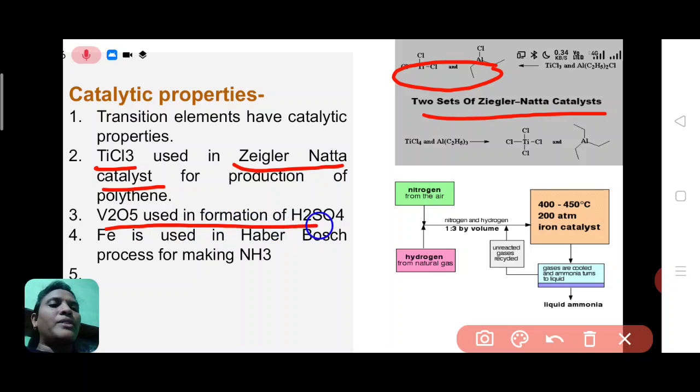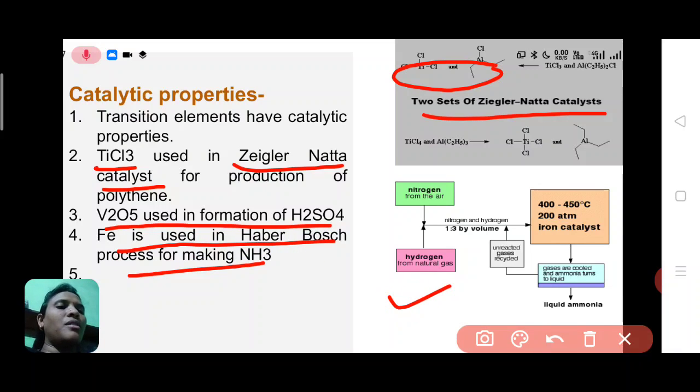V2O5 is used in the formation of H2SO4. This Fe is used in the Haber-Bosch process in making NH3. In this Haber-Bosch process, iron is used as a catalyst.